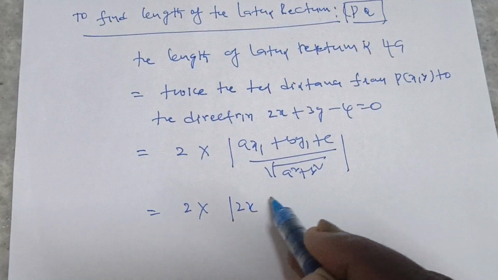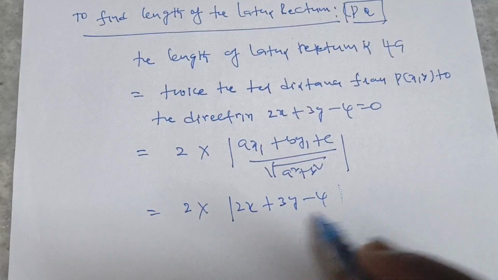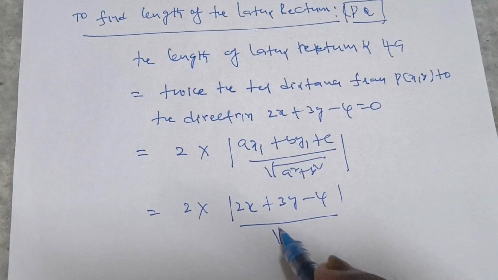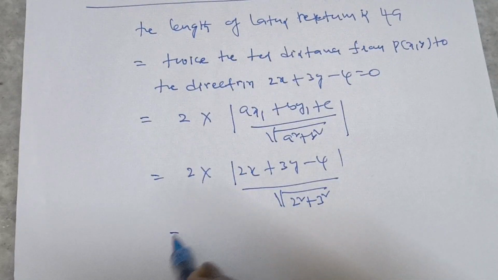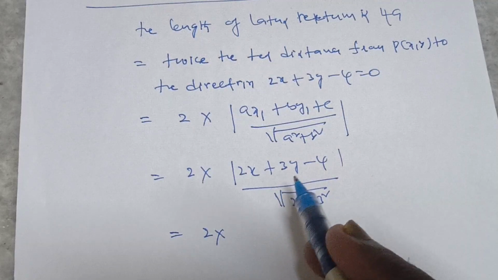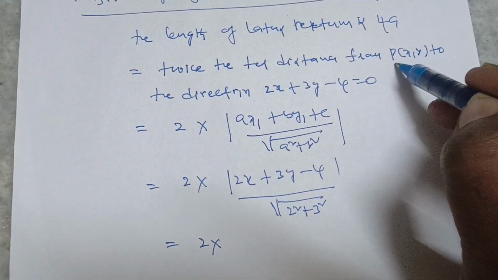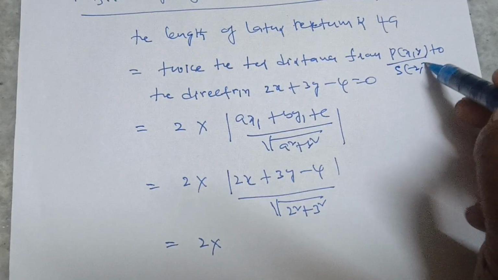Mod of 2x plus 3y minus 4 by root over 2 square plus 3 square, times 2. In place of P we take the focus here. What is the focus? S is minus 2 comma 3.